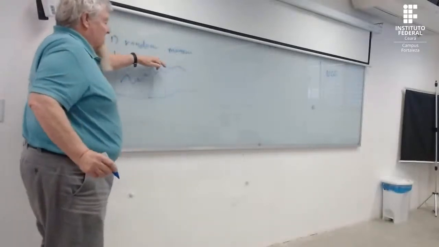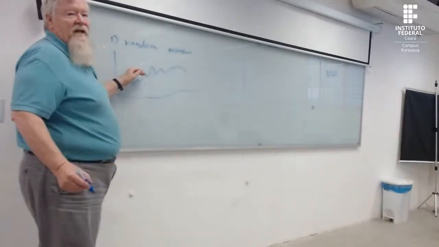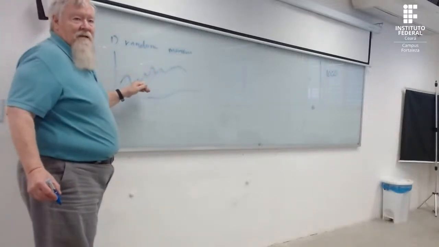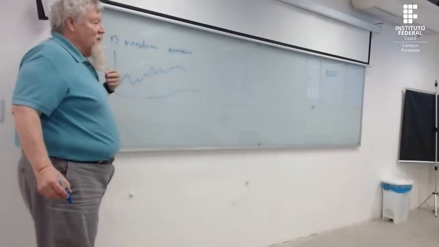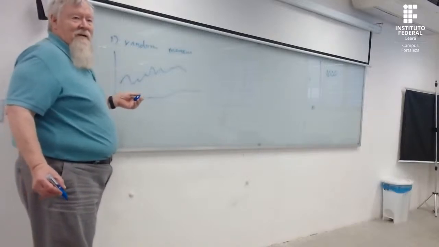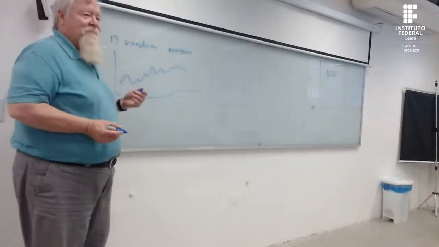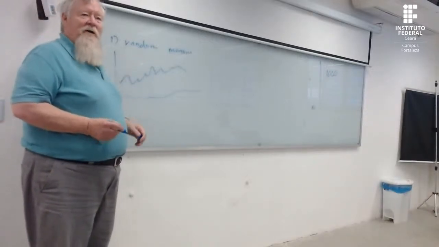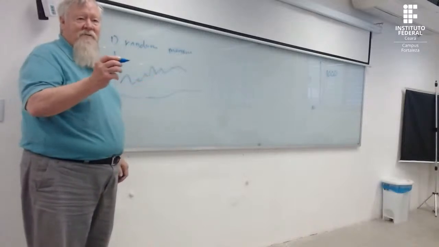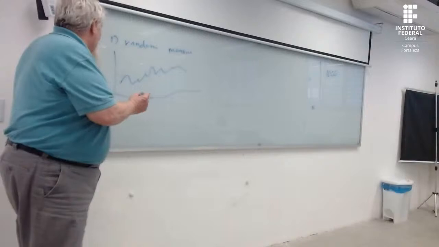And it assumes that this follows a random walk process. Does anybody know what a random walk process is? A random walk is described as like somebody's really drunk and they take one step in one direction, one step in another direction. And that's what it models for the clock, is random walk.